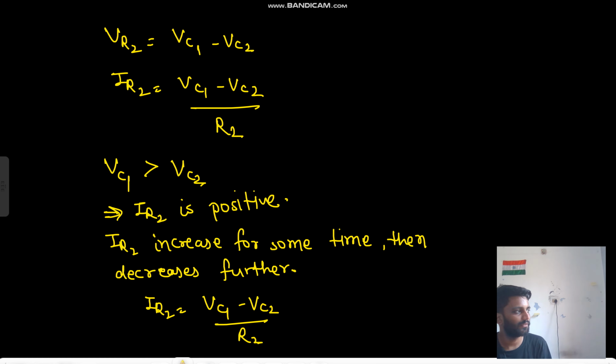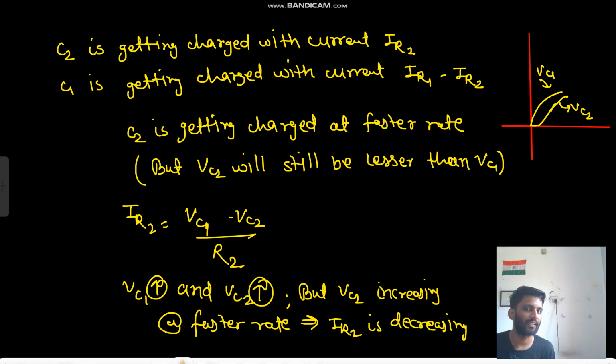Because your IR2 is VC1 minus VC2 by R2. Your VC1 is also increasing and VC2 is also increasing, but your VC2 is increasing at a higher rate. Why so? Because your VC2 is getting charged with current IR2 and your C1 is getting charged with current IR1 minus IR2. So your VC2 is increasing, but it is lesser than VC1.